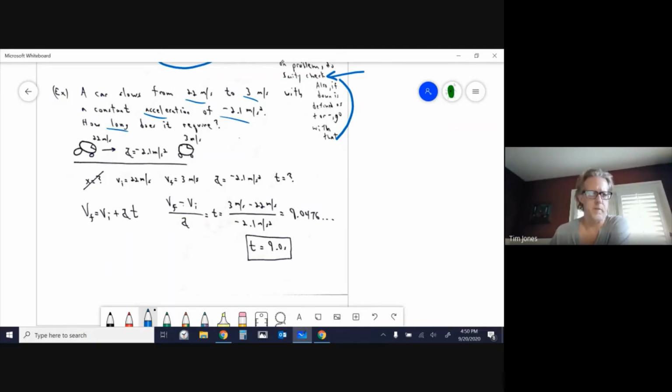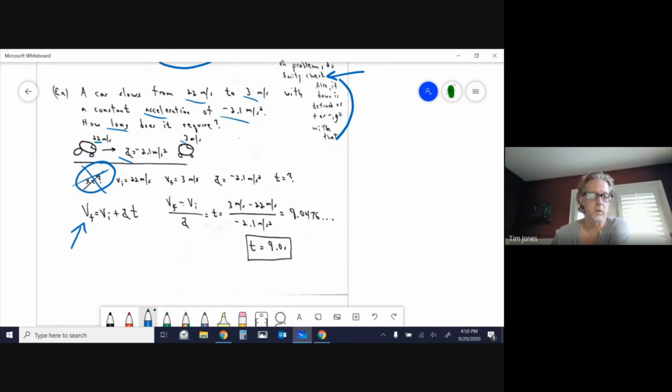So I've got my vehicle moving at 22 meters per second. Now it's moving 3. I tried to show that in my drawing here with the ridiculous cartoon thing. And here's my acceleration. This problem doesn't talk about x, it doesn't care about x, so we don't want x. It turns out the proper equation is this one here, which is the definition of acceleration.